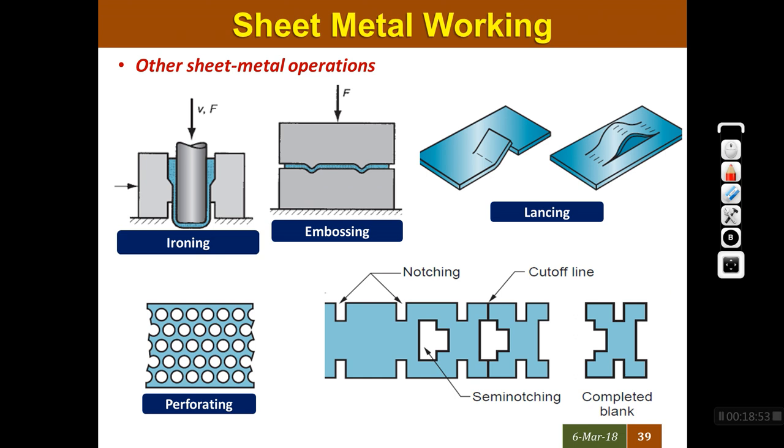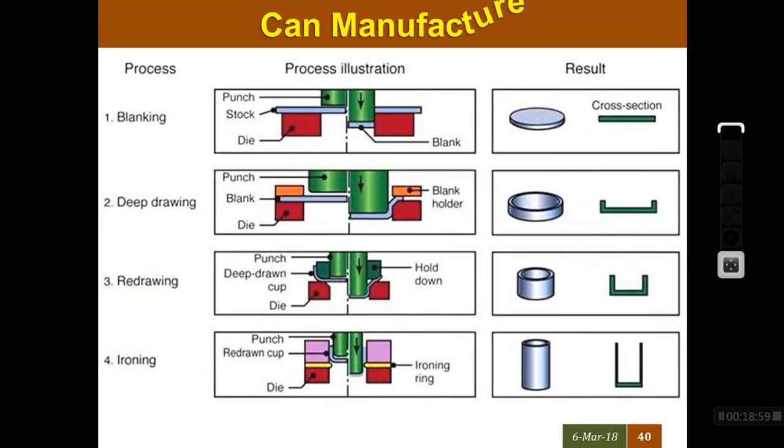So with these few diagrams you can understand different sheet metal cutting and forming operations. These different operations are explained through the manufacturing of a beverage can. Let us consider the first step, the blanking operation, to cut a blank of the desired dimension from the sheet metal.